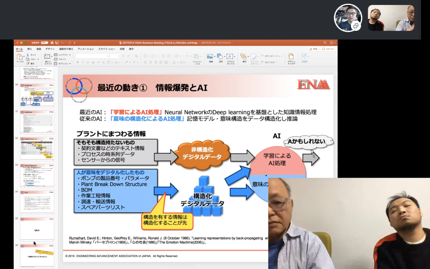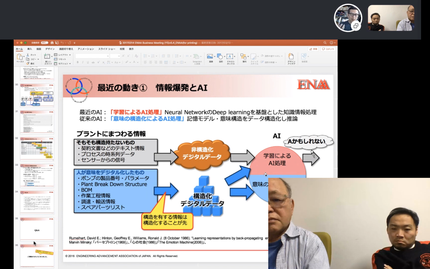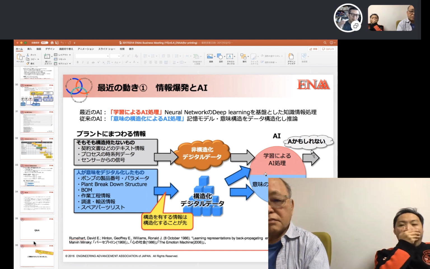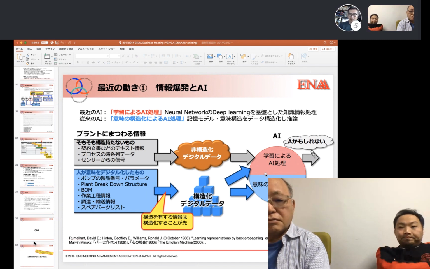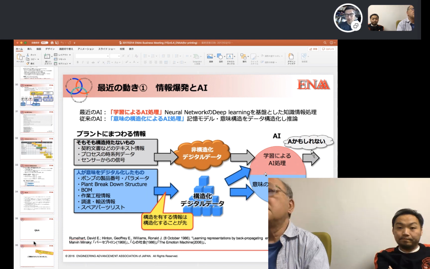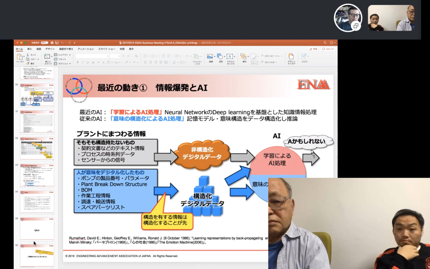We have to put the meanings into the data structure by ourselves. And in the next step, we can use most of the strategies of AI. But starting from machine learning AI without thinking about the essential issues about what we have right now is totally wrong.